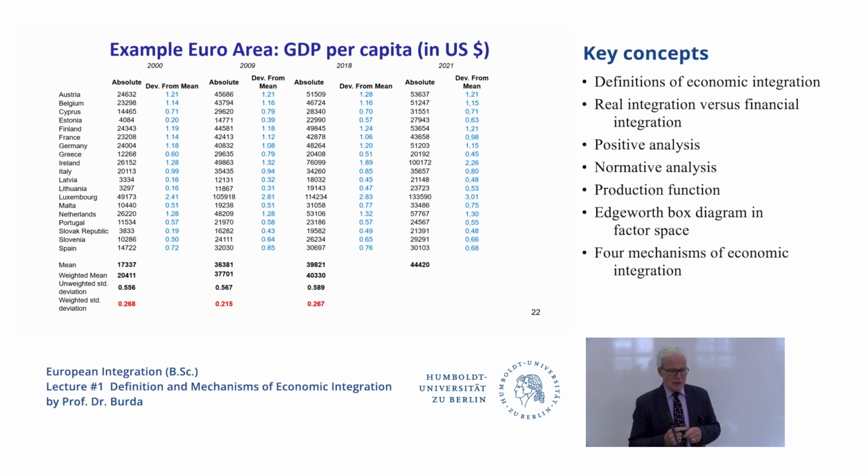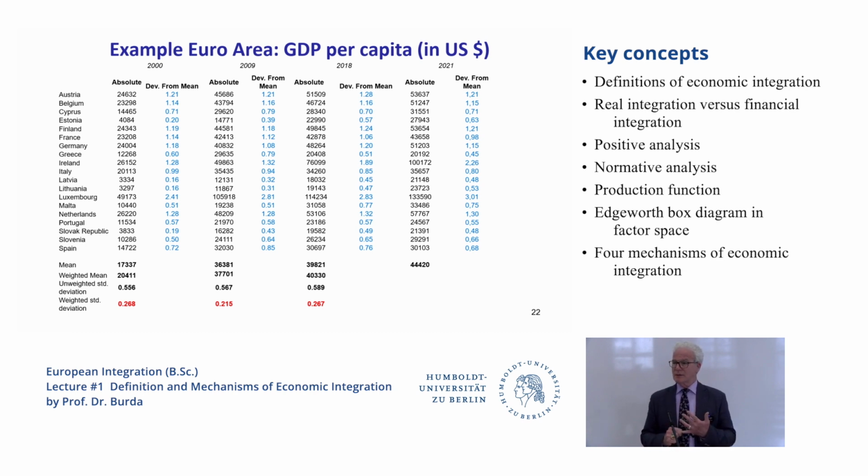Again, we want to talk about GDP per capita in the first instance as a measure of well-being. We're not just interested in the central tendency, we're looking at the standard deviation across countries. The good news is that after European integration began, say starting in 2000 to 2004, things did get better, and then we had the financial crisis.